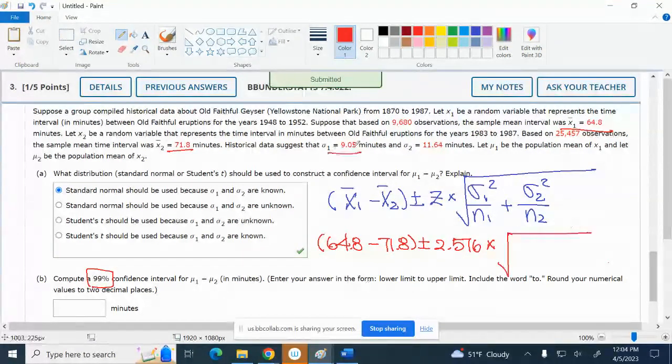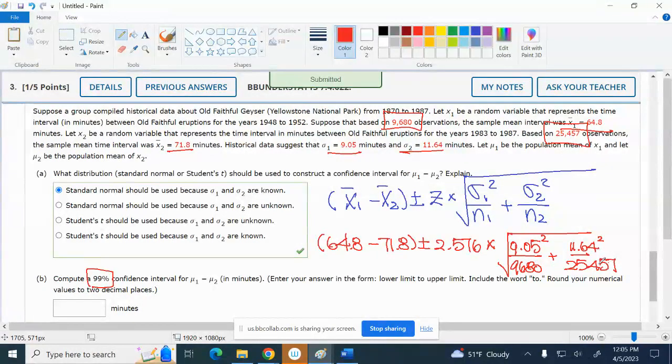Then sigma 1, 9.05 squared over how many sample size? Wow, 9,680. And the second sigma is 11.64 squared divided by 25,457. I set up everything.